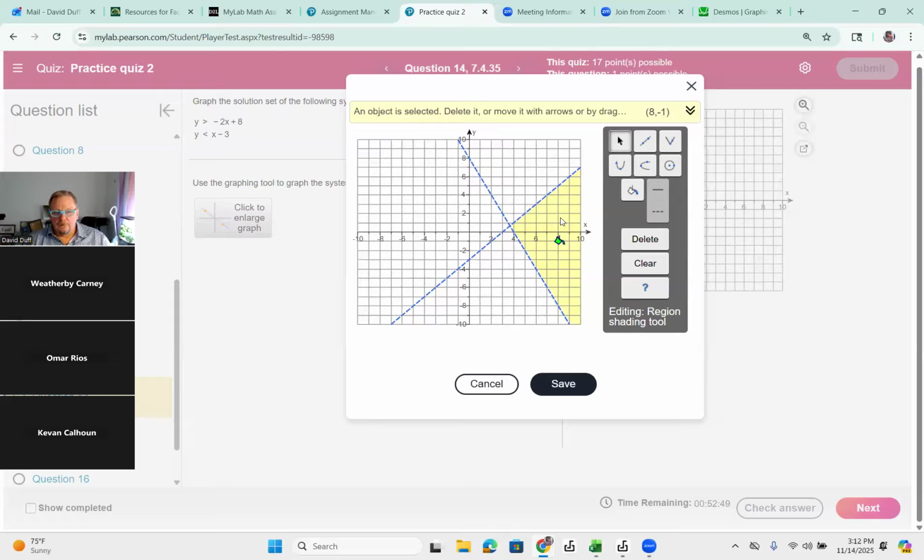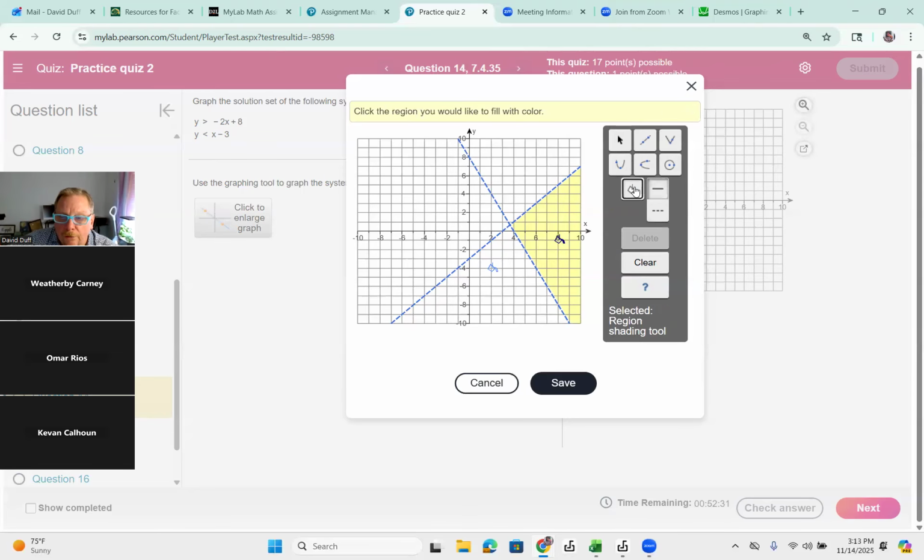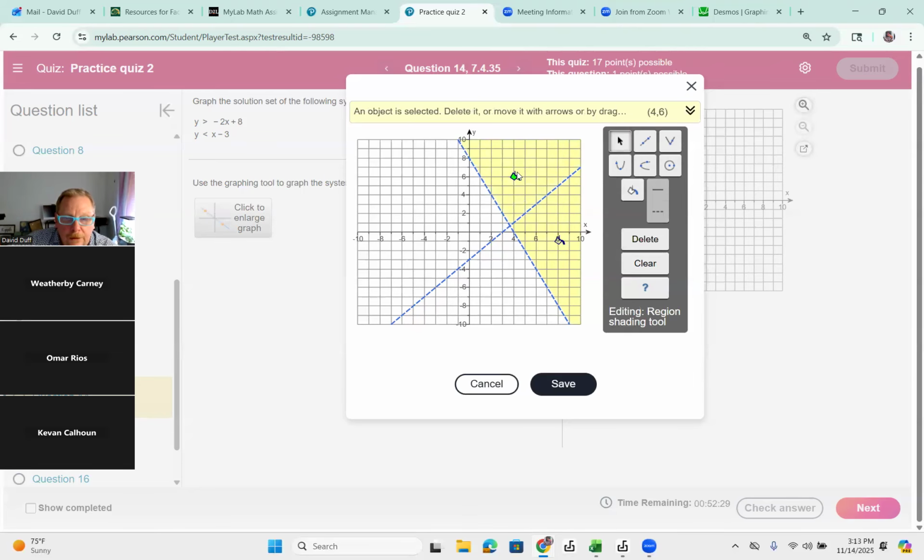So this is kind of where I was getting tangled up. When it's saying y is greater than negative 2x plus 8, it's just asking if it's above or below the line. That's exactly correct. So where's y greater than negative 2x plus 8? Up there, above the line.